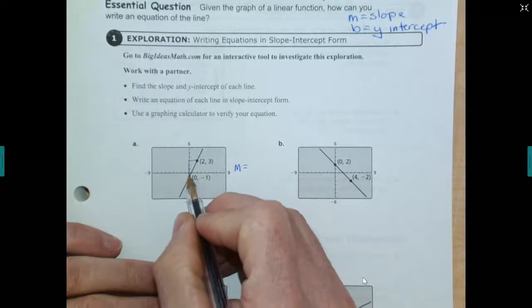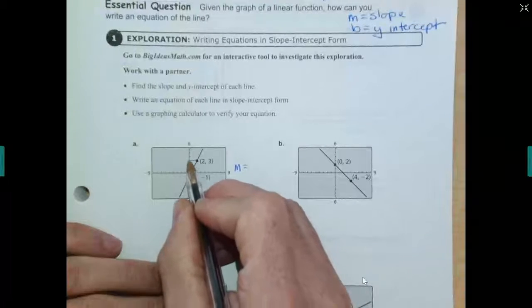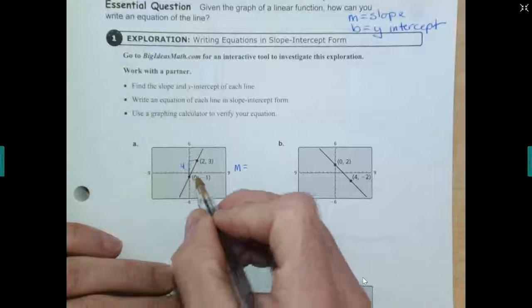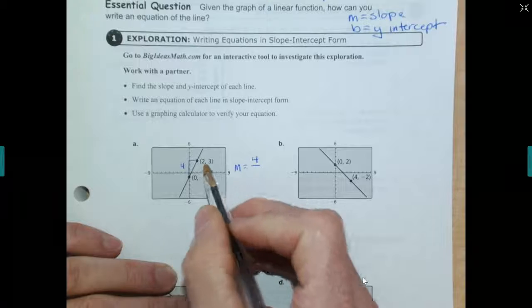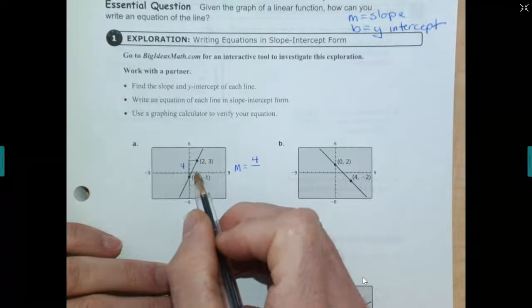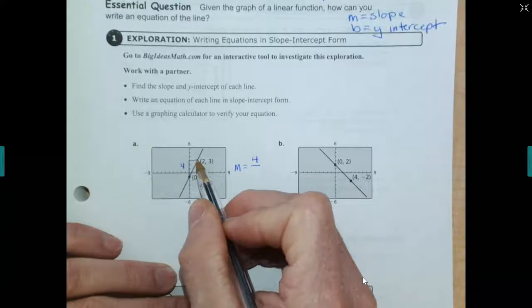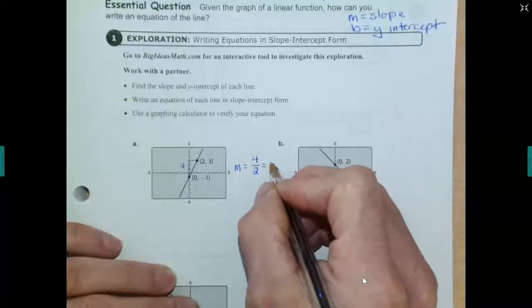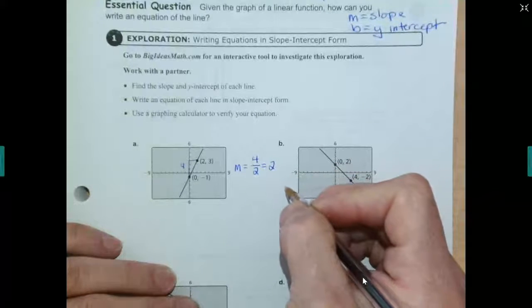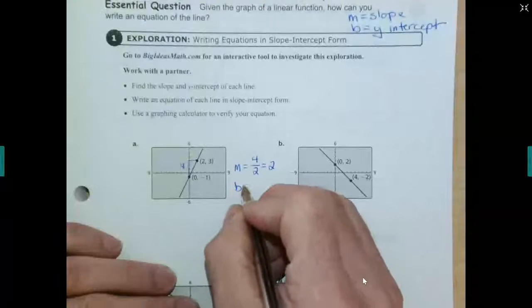From here we go up 1, 2, 3, 4. So we go up 4, and that's our y value. And then we go over 1, 2, 1, 2. We go over 2. So our slope is 4 over 2. Simplified, that's just 2.